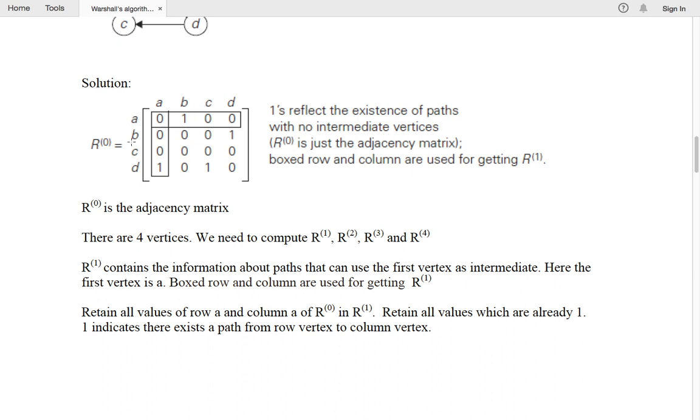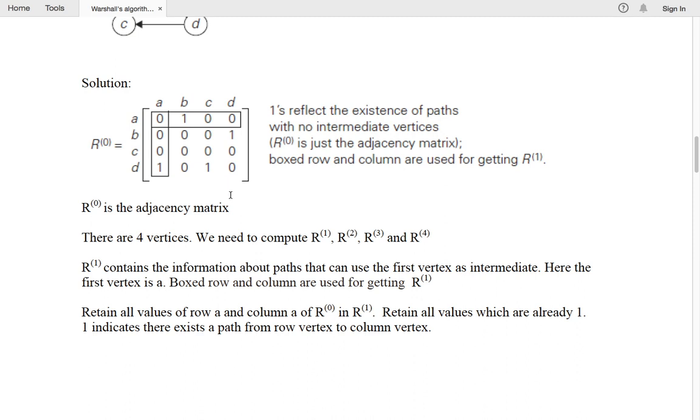Again, I repeat, I try to find a path from B to C by checking whether there is any path from B to A and A to C. Let's look at D to D. In R1, for D to D I need to check if there is a path through the first vertex A. So D to A, A to D. D to A is 1, A to D is 0. If both of them are 1, then this will also be 1.